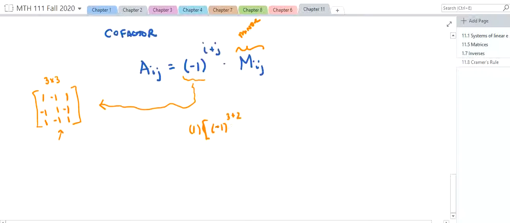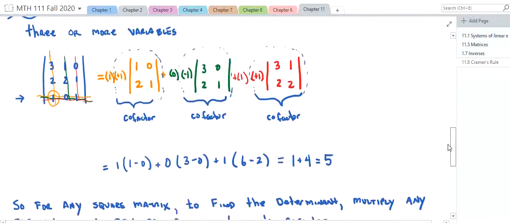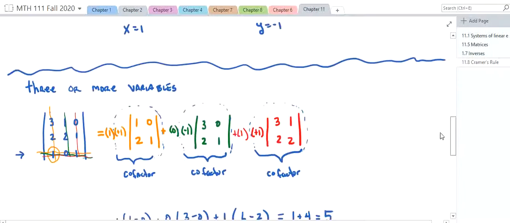So it's minus 1 to the 5, which is going to be odd, which is going to make this a negative 1. And then our determinant of the minor was 1, 0, 2, 1. So that's how we did that.